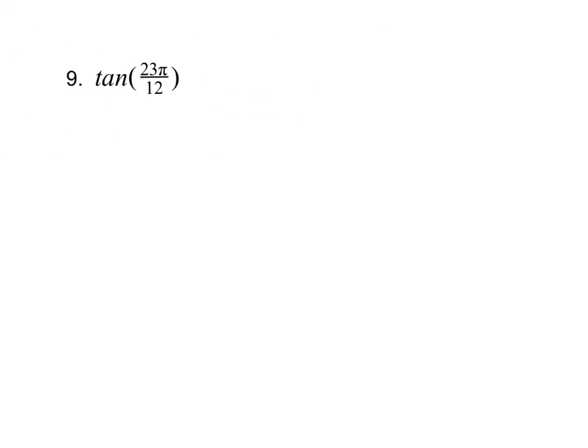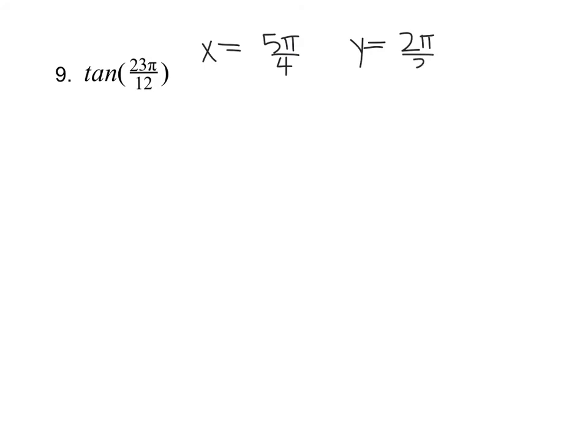Okay, so now we want to find tangent of 23 pi over 12. So looking at your unit circle, you want to find two radian angles we can add to get to 23 pi over 12. So I'm going to let x equal 5 pi over 4 and y equal 2 pi over 3.